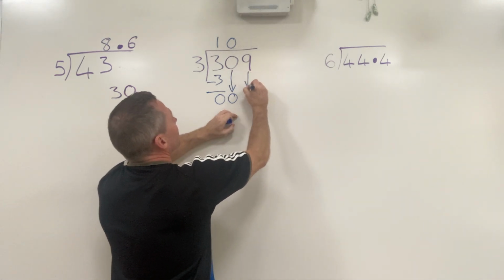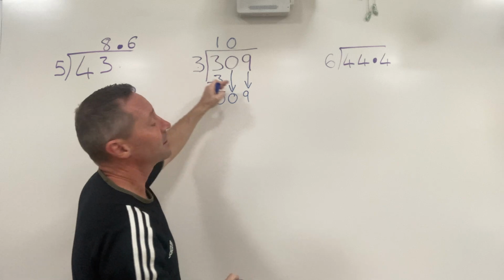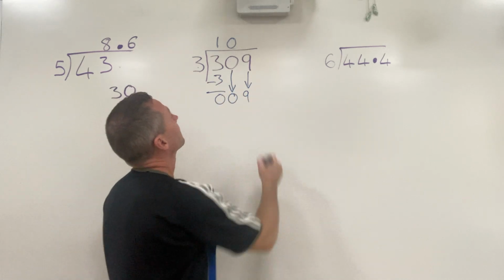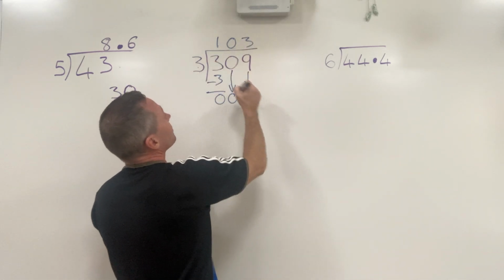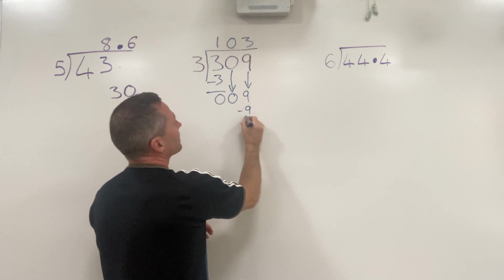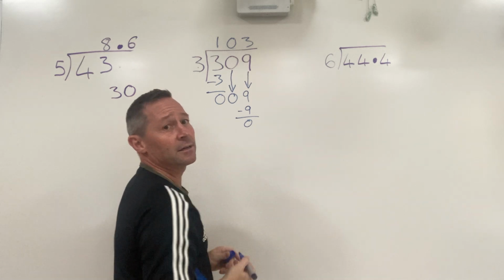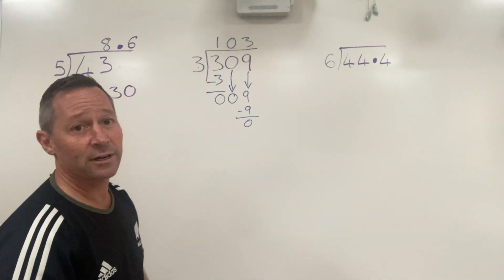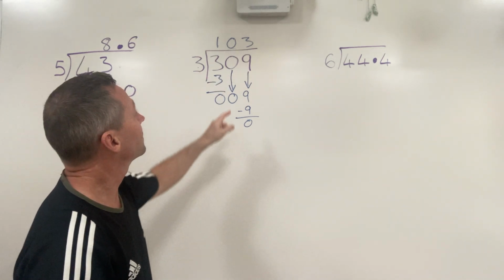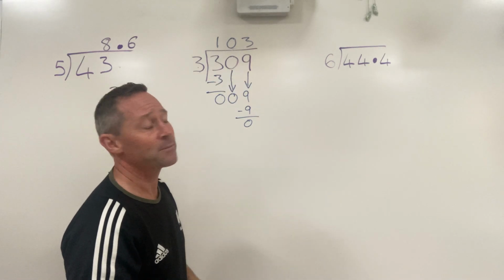Now I'll bring the 9 down. Can 3 fit into 9? Yes, 3 times. 3 times 3 is 9. There's nothing left over, so there'll be no remainder or no decimal point. So 103 is your answer. It's not 13. Just be careful of these zeros in there.